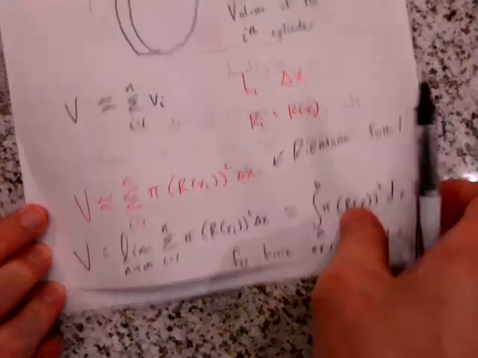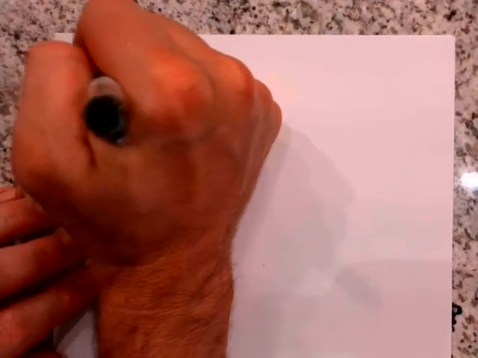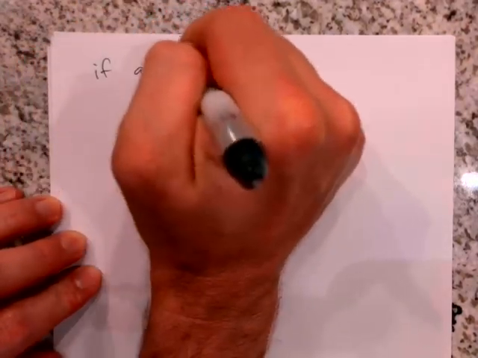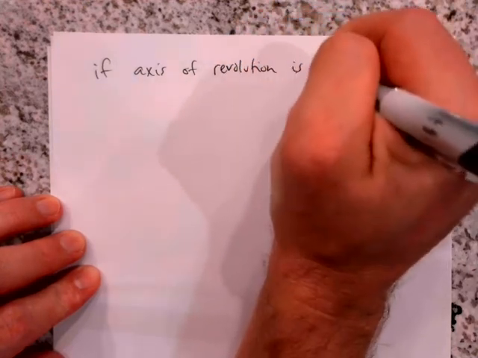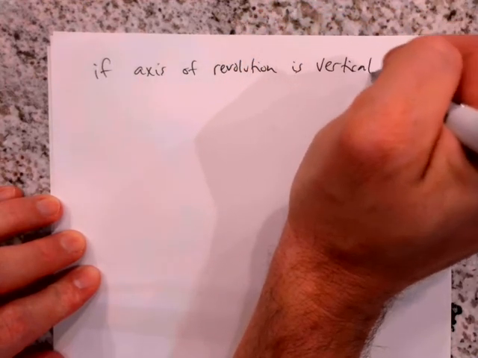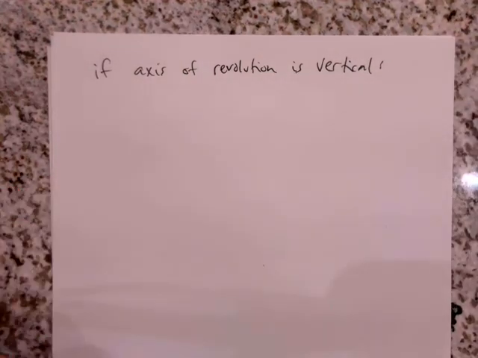If the axis of revolution was vertical, and again, as you watch this at home, make sure to press pause if I'm going too fast. But if the axis of revolution is vertical, then everything is in terms of y.